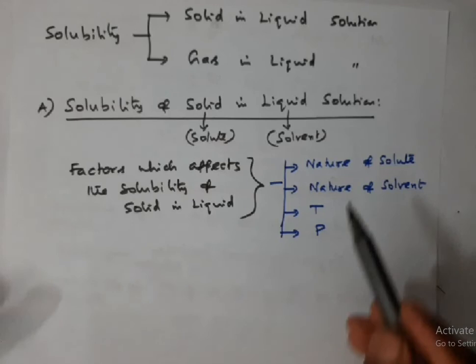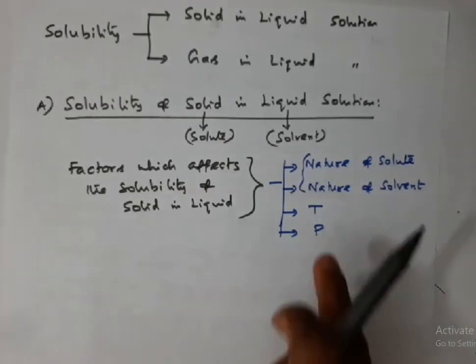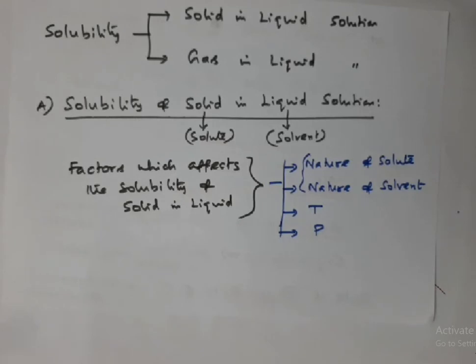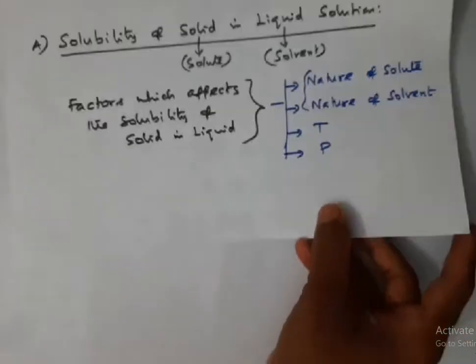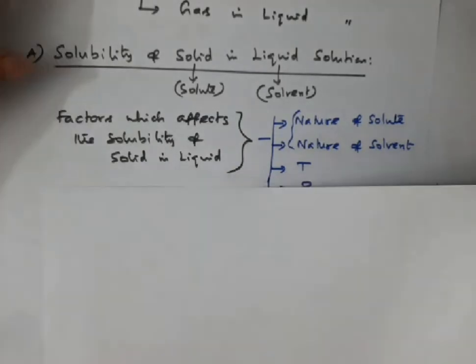First let me focus on these two, nature of solute and nature of solvent, then I'll come to temperature. How do they affect the solubility of a solid in liquid? This is actually a very simple one. Students, you might have heard about it.